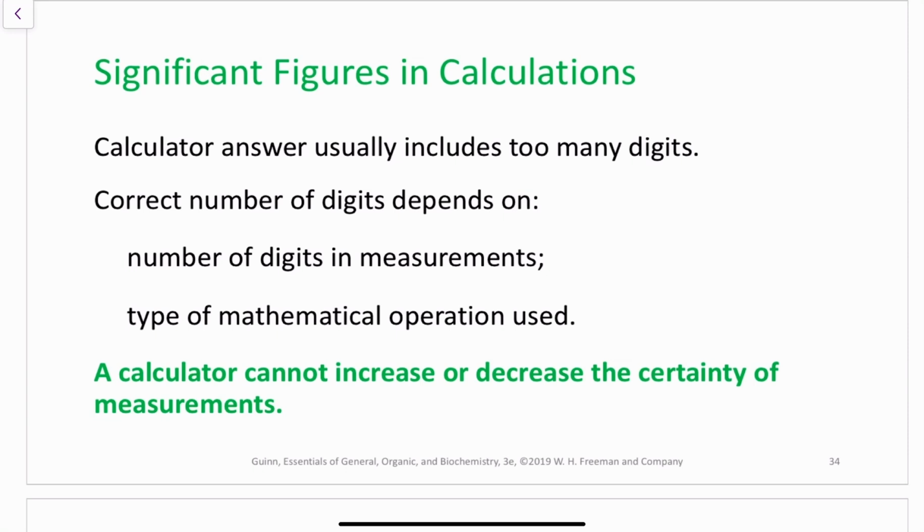There are some rules that you need to follow so that you know, whenever you multiply or divide two different measured numbers, how many significant figures you should have in your final answer. One important thing to know is that a calculator cannot increase or decrease the certainty of the measurement. It means you cannot increase or decrease the significant figures using a calculator.